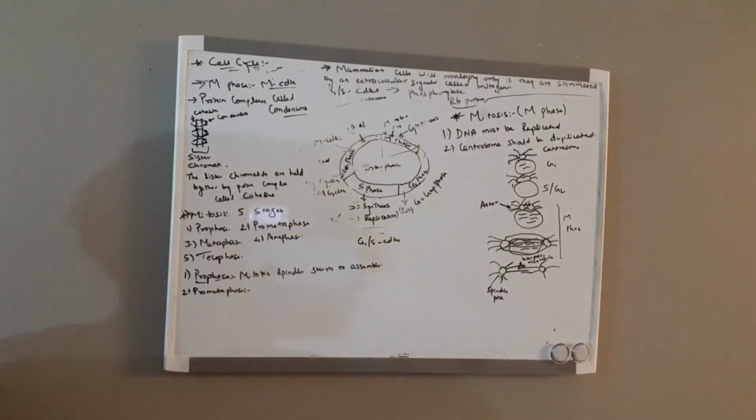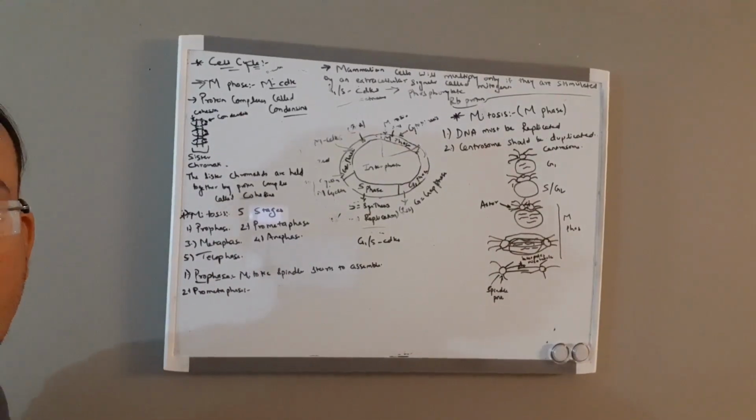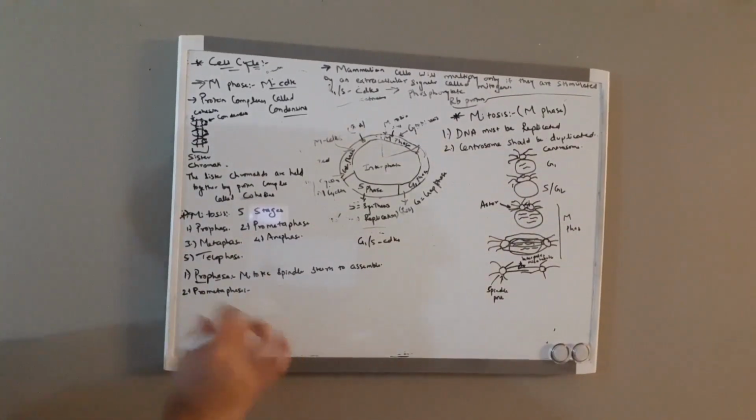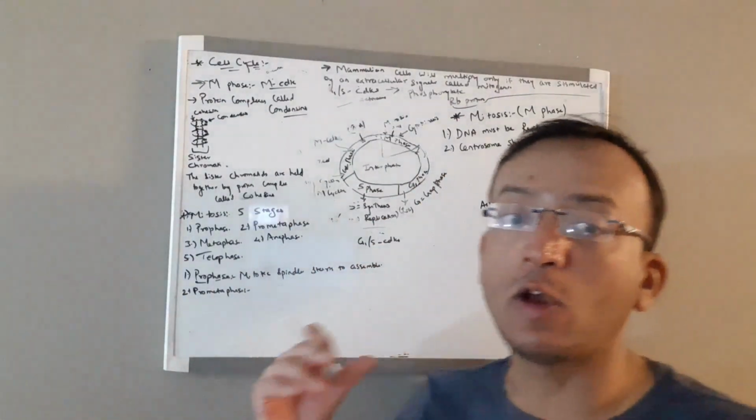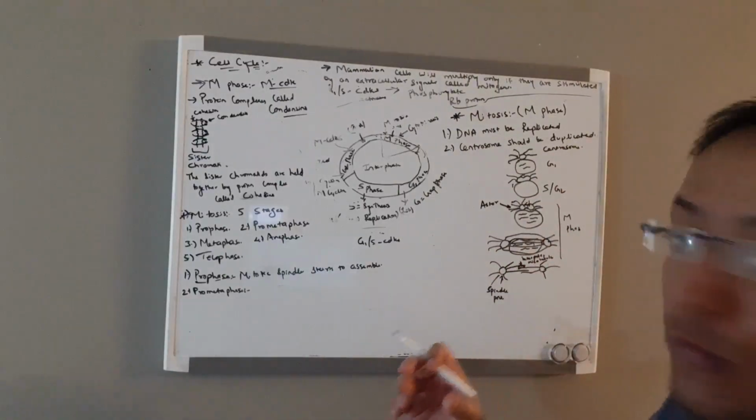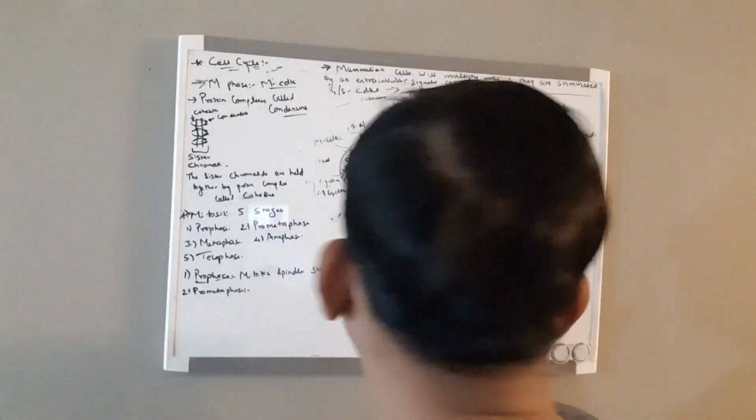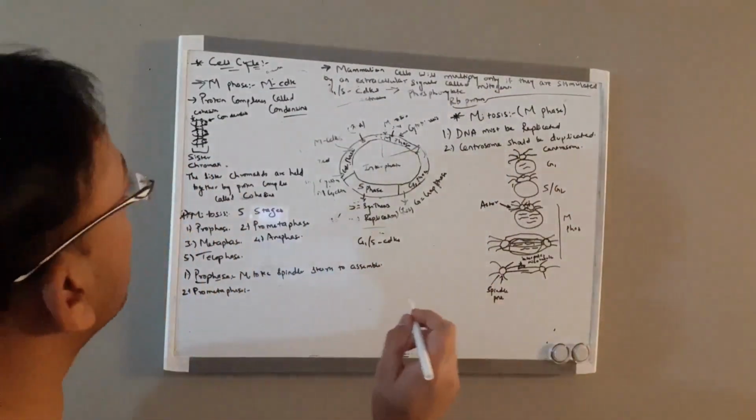Prometaphase starts abruptly with the disassembly of the nuclear envelope, which breaks it up into small membrane vesicles. I will show you.